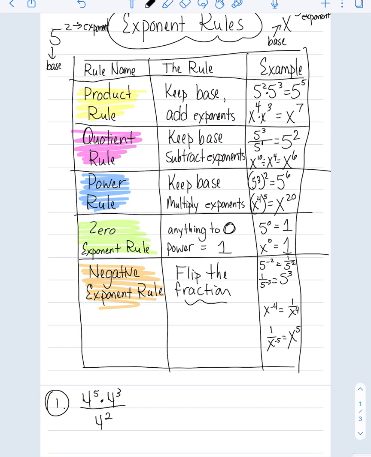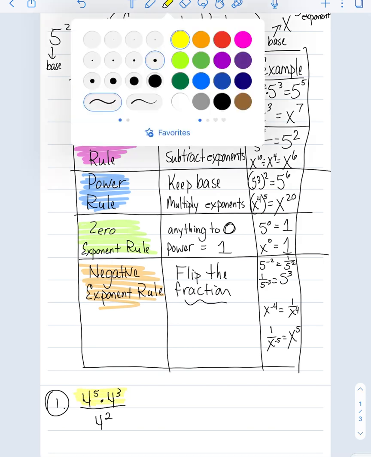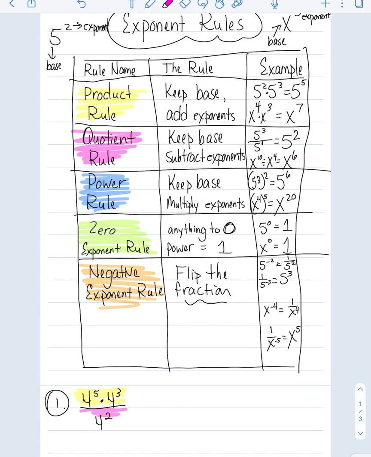Well, if you look, I see two different rules. I see the product rule. But then when I divide by 4 to the 2nd power, that's going to be the quotient rule, because quotient means to divide. So first I would do my product rule.